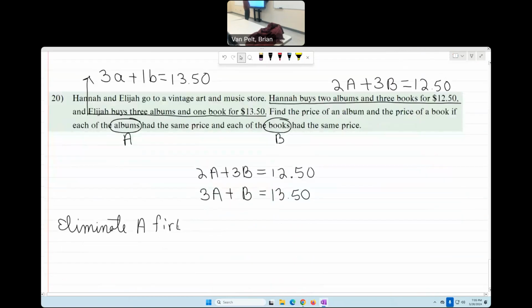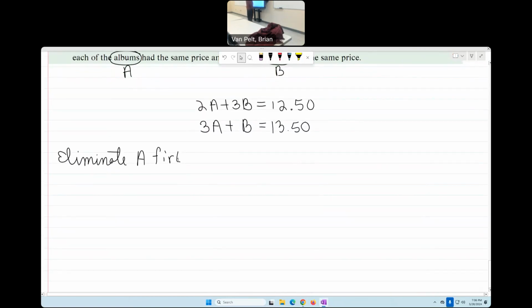Right, try that again. All right, 3 up here and -2 down here. Yep, that's what I need. So I'll do 3 on the top, and on the bottom we need the -2.